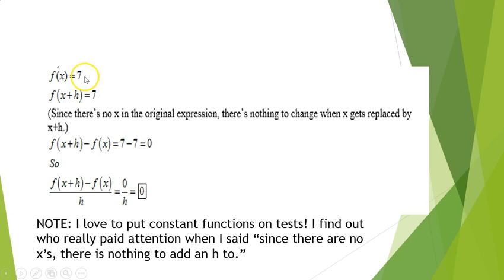No. So there's nothing to replace with x plus h. F of x is 7. F of x plus h is still 7. So the numerator is going to be 7 minus 7. It's going to be 0. When we take 0 and divide it by h, we get 0.